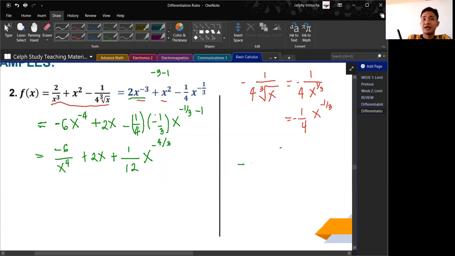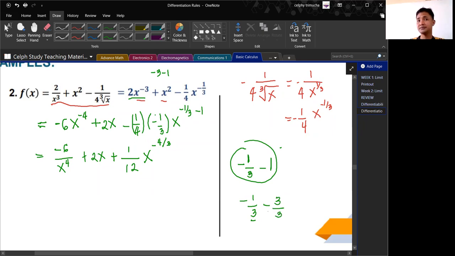Let us look at our equation: negative 1/3 minus 1. To make it easier, convert the 1 so its denominator is 3: negative 1 all over 3 minus 3 all over 3.